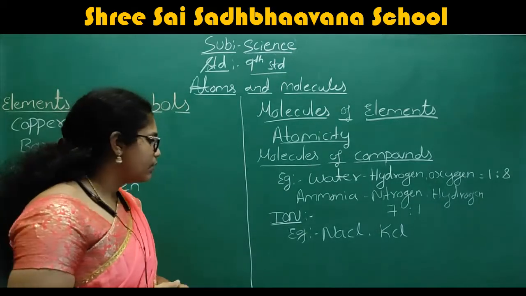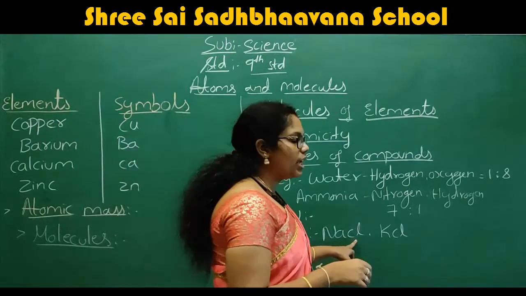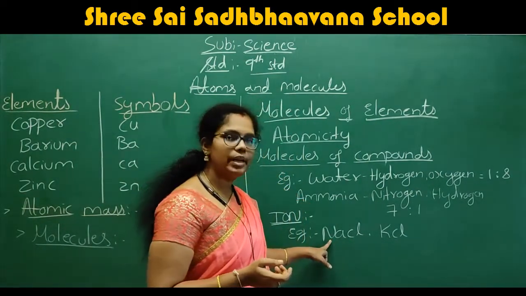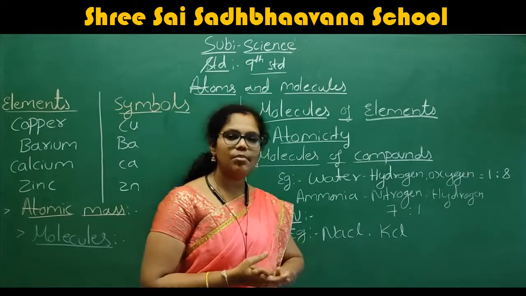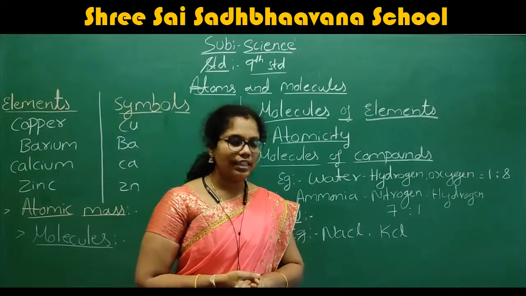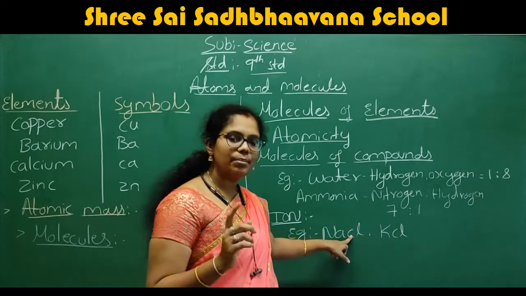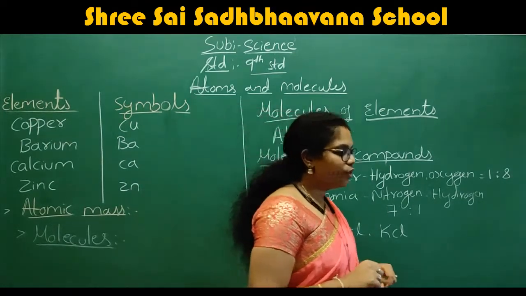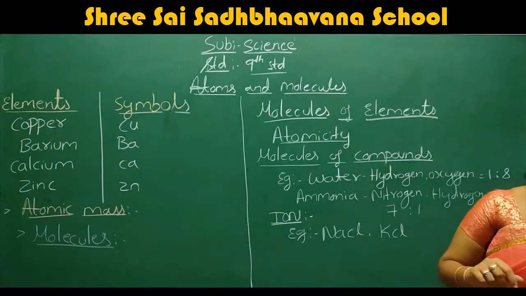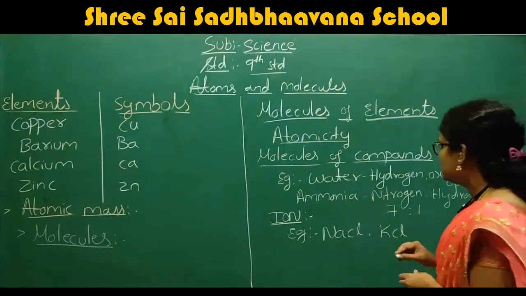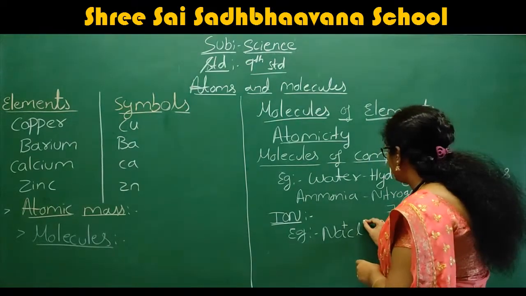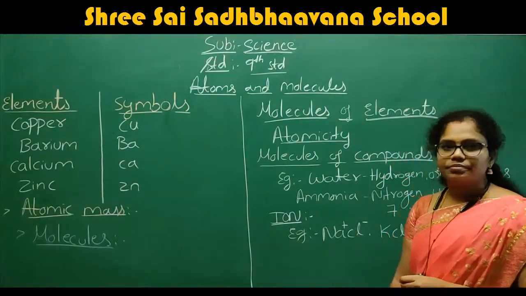The best example is sodium chloride. Sodium is the metal and chlorine is the non-metal. Here sodium and chloride combine with each other to form charged species. Sodium has a positive charge and chlorine has a negative charge.